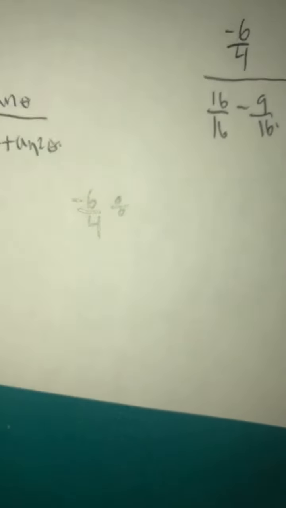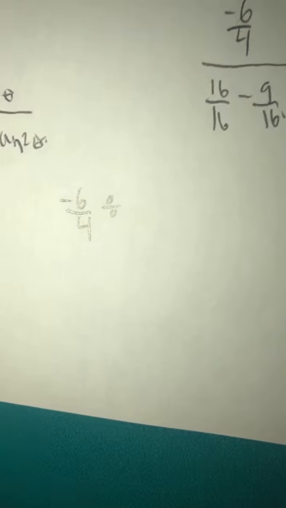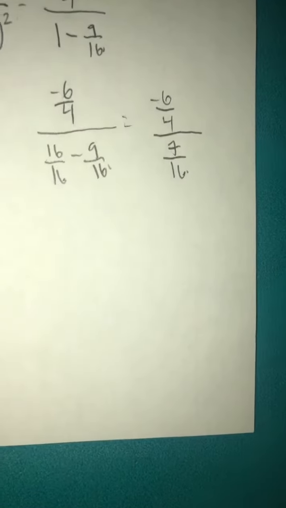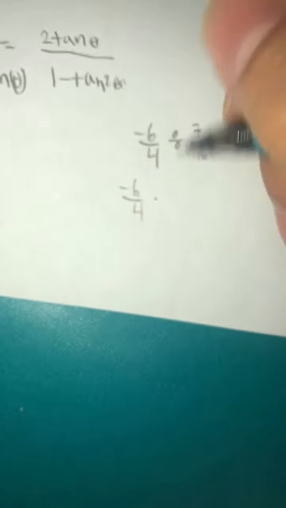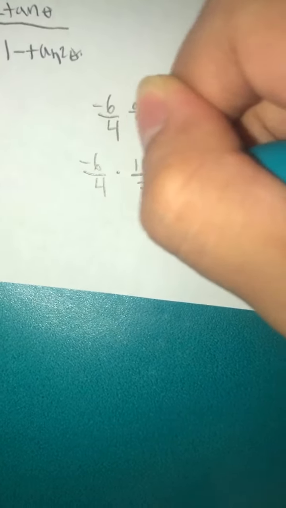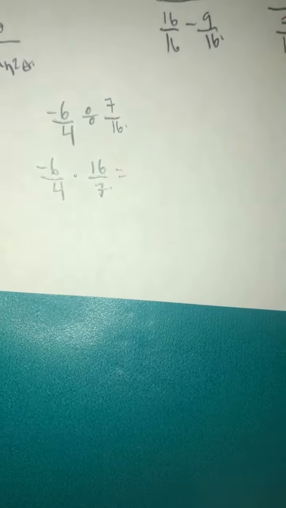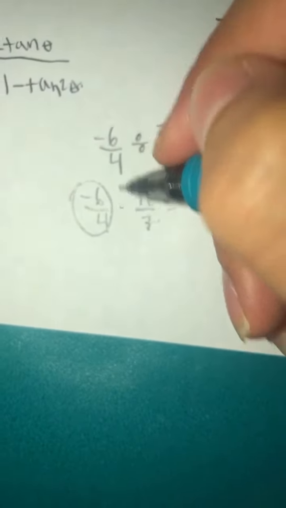So then this is negative 6/4 divided by 7/16, which is negative 6/4 times 16/7.